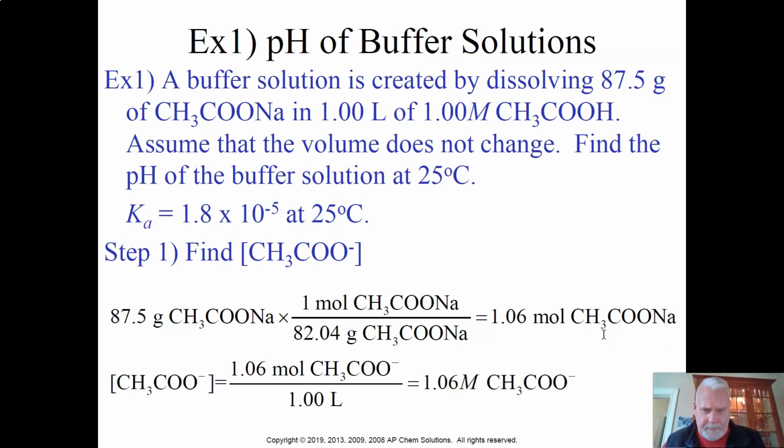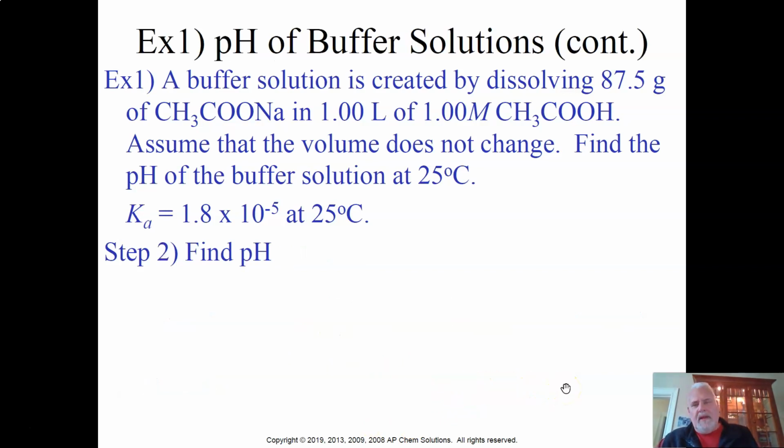Now that's in 1 liter of solution. So to figure out the concentration, it's just moles divided by liters, 1.06 molar acetate. And this is where we say the sodium doesn't make any difference. You need to include it in this first part to get the correct number of moles. But right now we know that this is in a 1-to-1 molar ratio, so you've got 1.06 molar acetate.